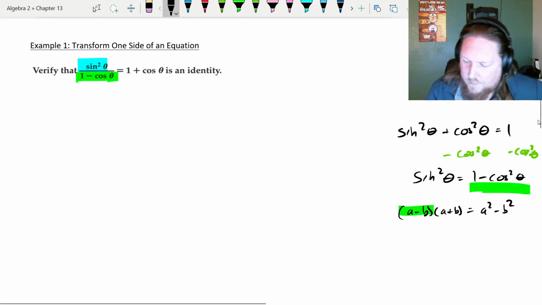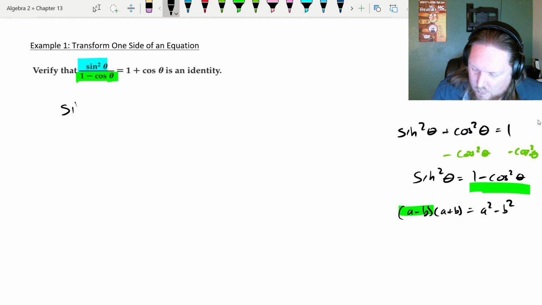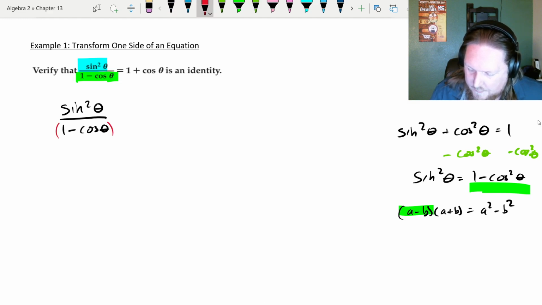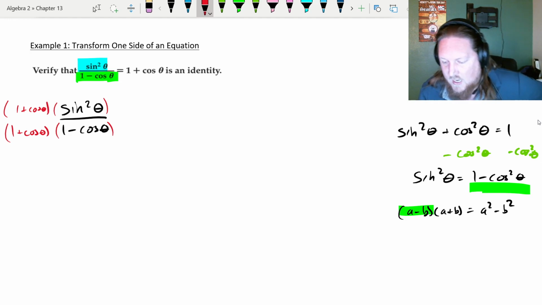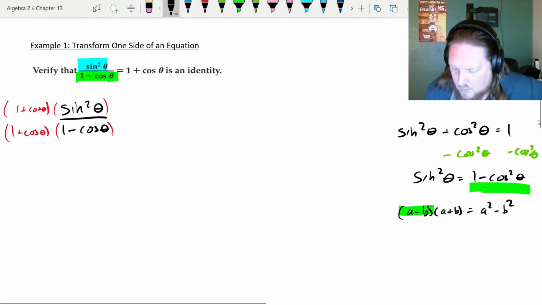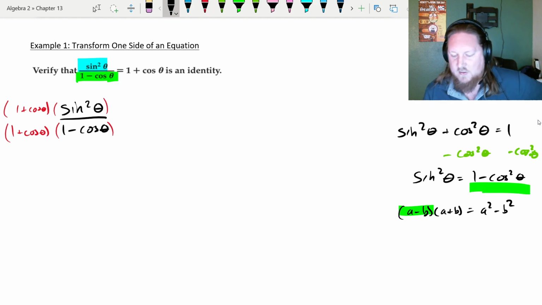So here's what I'm going to do. Let's start with sine squared theta over 1 minus cosine theta. I'm going to multiply by the conjugate, 1 plus cosine theta. This is the difference of squares thing I was just talking about. I write where I'm going to start like I'm solving an equation.